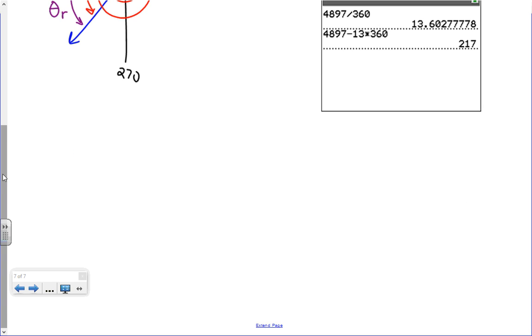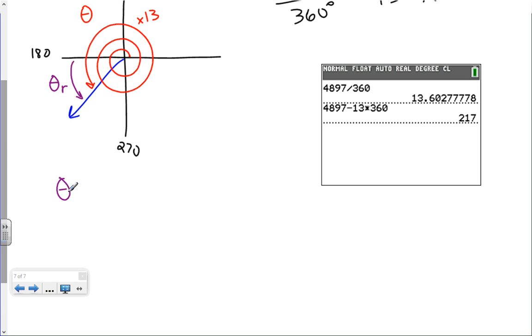So for theta sub r, I'm going to use my calculation here to help me find out what it is equal to. I don't want to use the 4,897 degrees, but rather my remainder of 217 degrees. I need to get this down to an angle between 0 and 360 to do my calculation. So that's the first thing to do.